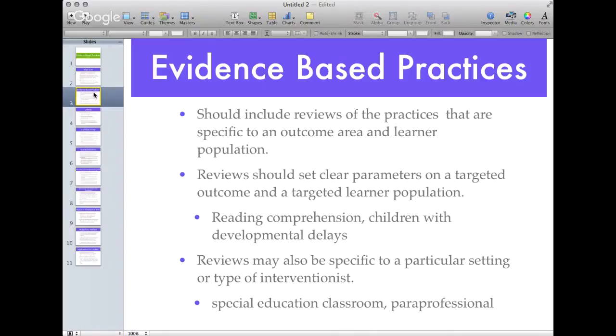They should also be specific to a particular setting or type of interventionist. This could be something such as a special education classroom or a public school, and the type of interventionist could be a paraprofessional or a special education teacher.